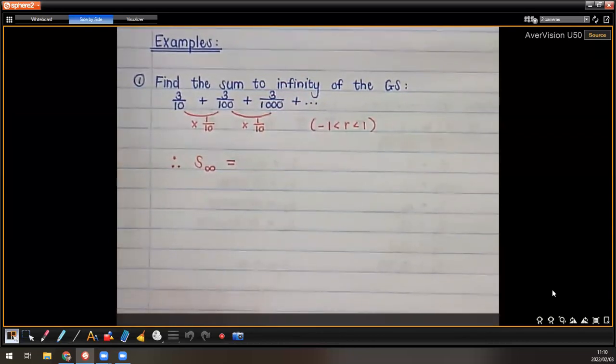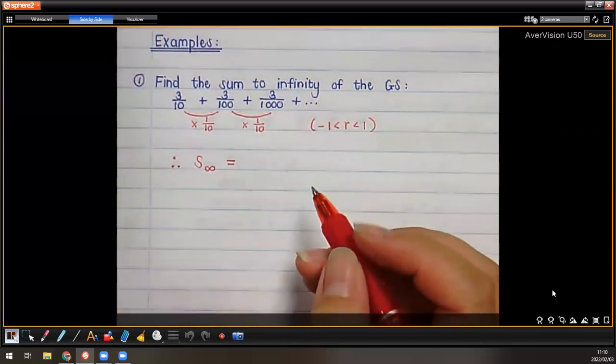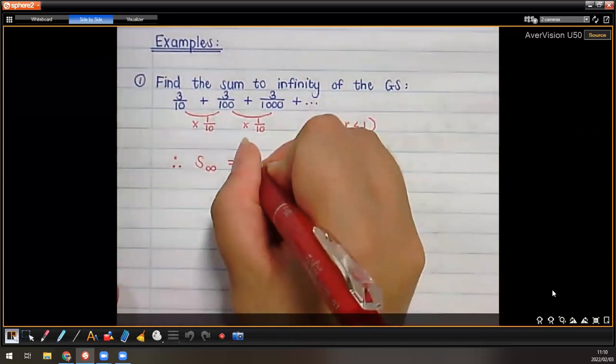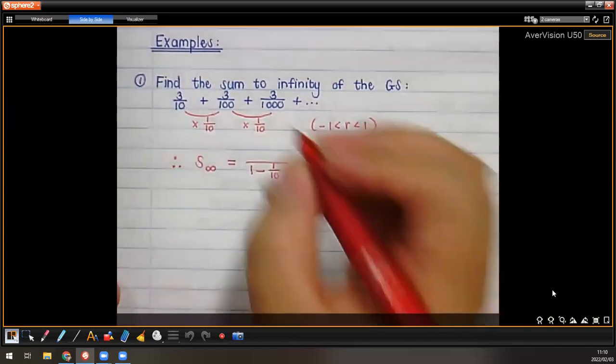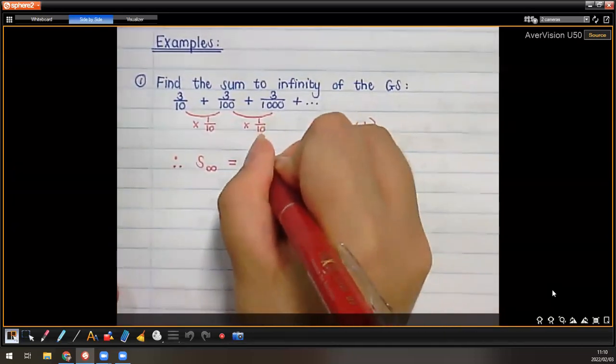We're not going to sub in an N value, guys, because the whole point of this is that N is going to infinity. If we're adding an infinite number of terms together, what will that sum get closer to? It's A over 1 minus R. So at the bottom, we're going to do 1 minus 1 over 10. And at the top, what was my A value? 3 over 10.